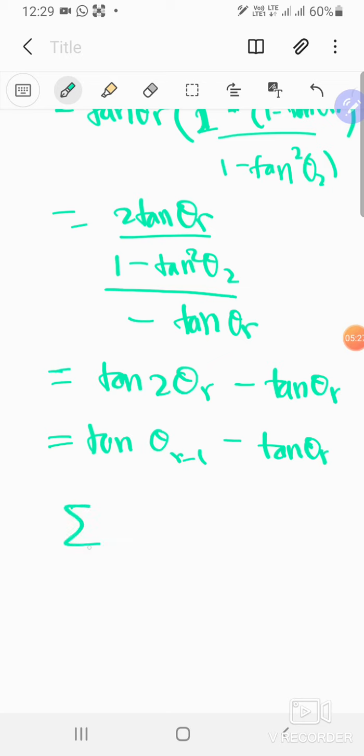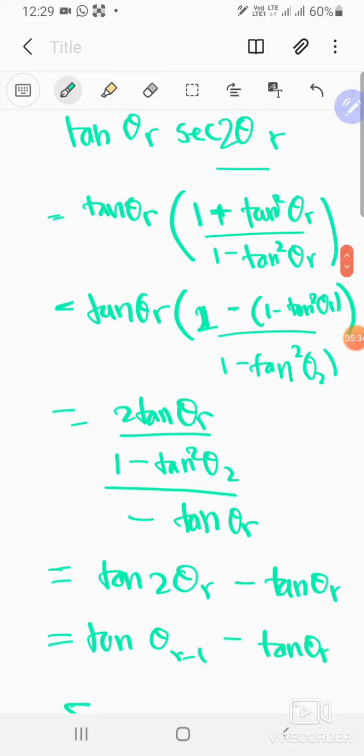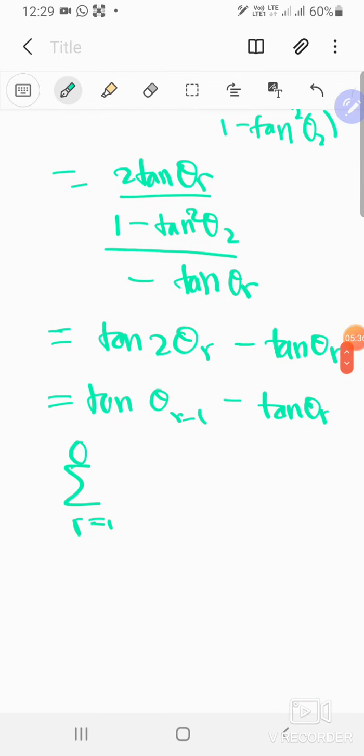So if we sum this up from r equals 1 to infinity of this thing t_r, we will get the following. First of all, you put r equals 0 over there.